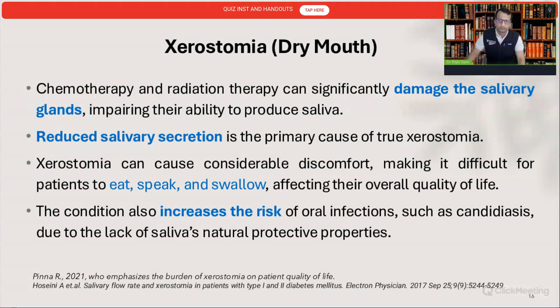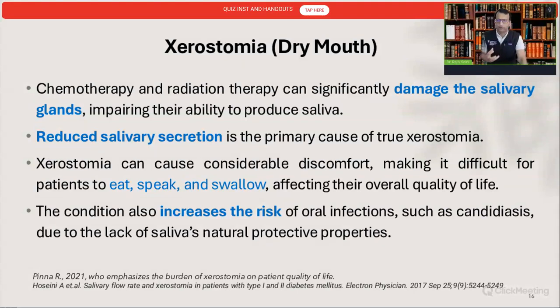Chemotherapy and radiation therapy, especially radiation therapy, damage the salivary glands and inhibit their ability to produce saliva. With reduced salivary secretion, it gives a dry atmosphere inside the oral mucosa, and the mucosal immunity does not play a big role in preventing infections.